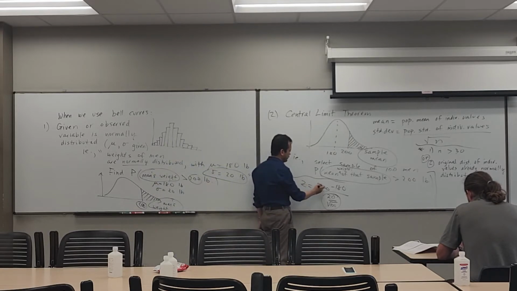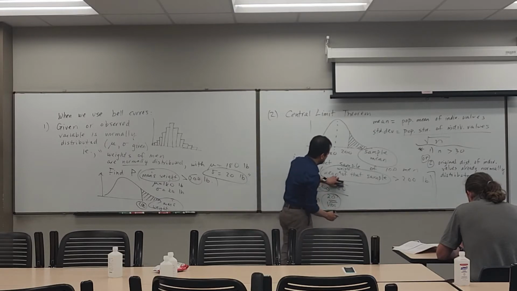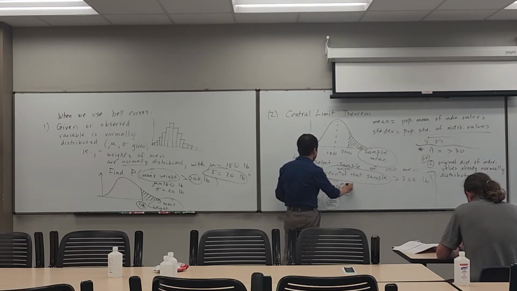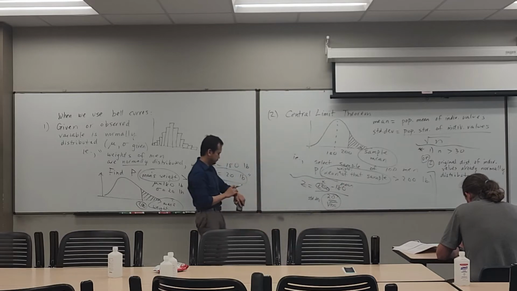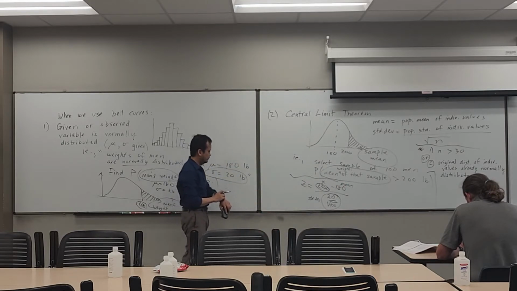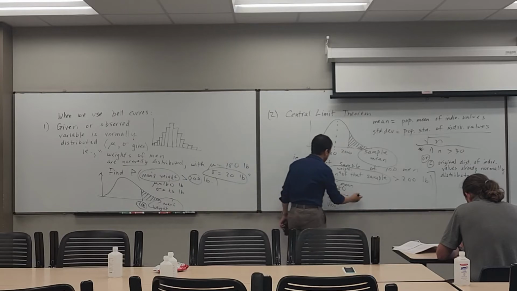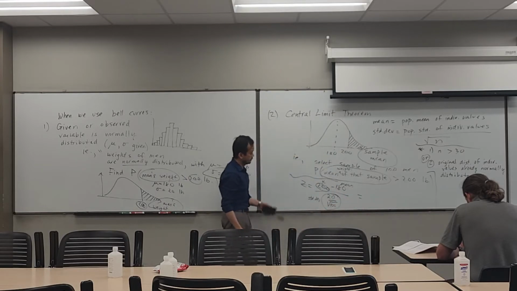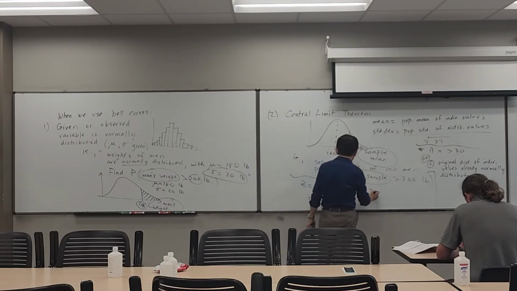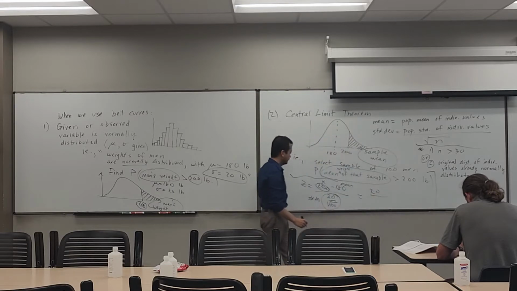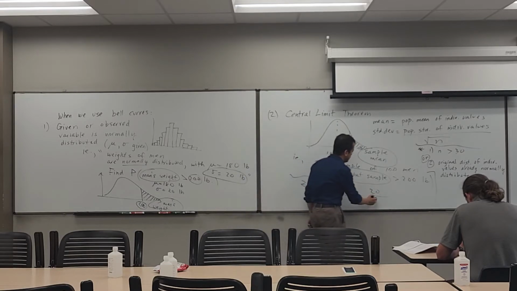So again, using the z-score formula, this is the data point, this is the mean, and this is the new standard deviation in the problem. Okay, so if you calculate that, you'll get 20 divided by 2, and that'll give us 10.